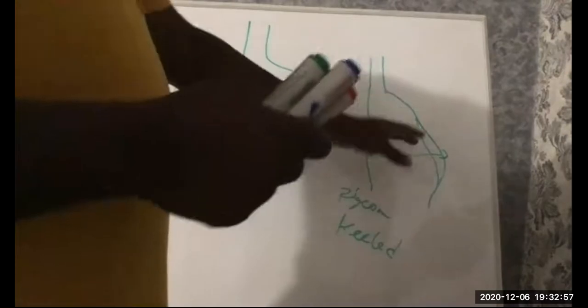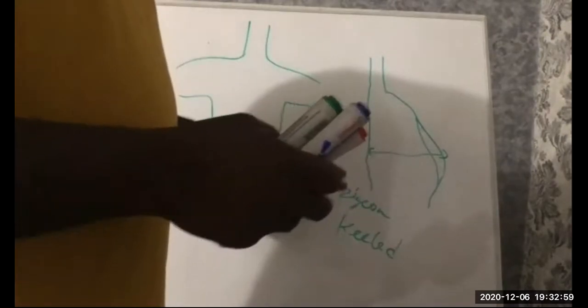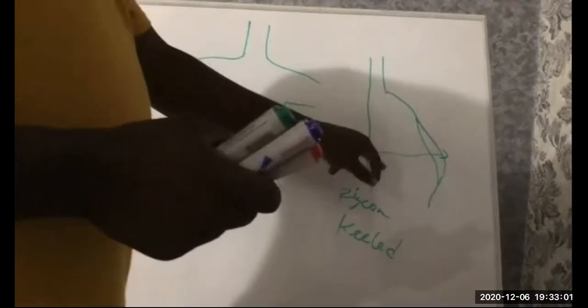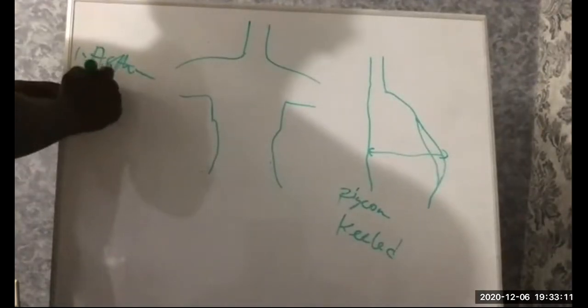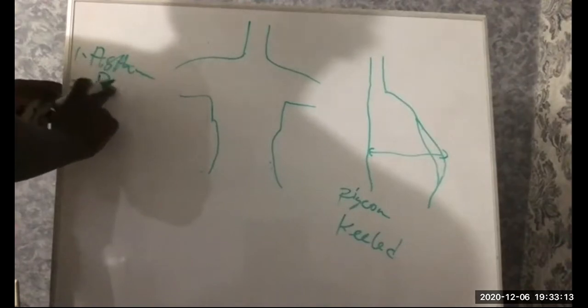So if you keep on having hyperventilation, it tends to change the shape of the sternum plus the ribs, okay? Another condition that leads to this is when someone is having rickets or vitamin D deficiency.